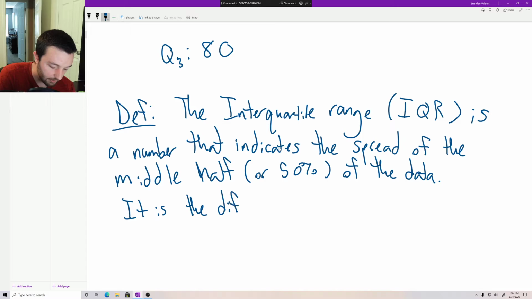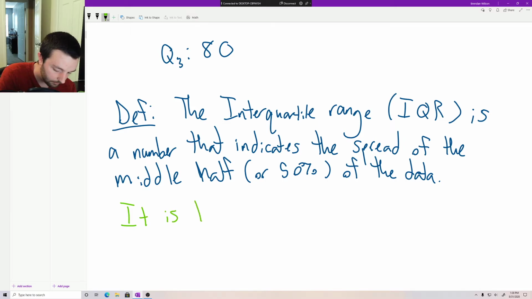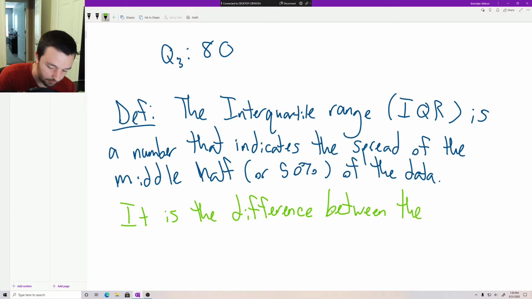It is the difference between the third quartile, actually, let me just write Q3, and Q1.